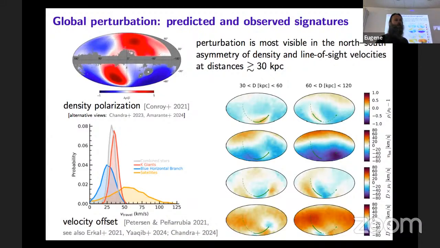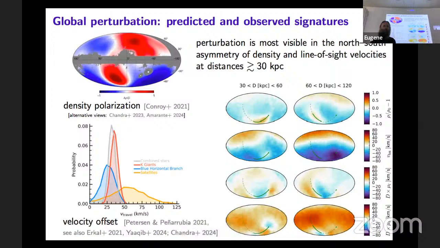And this velocity offset is comparable with what the models predict, although there are some details where there is not a perfect agreement, there is still work to do. And in the density, again, this is the sky map of the density. Tentatively, there is an enhancement of density in the northern hemisphere and reduction in the southern, and in addition, the enhancement again along the past orbit of the LMC due to the dynamical friction-induced wake.